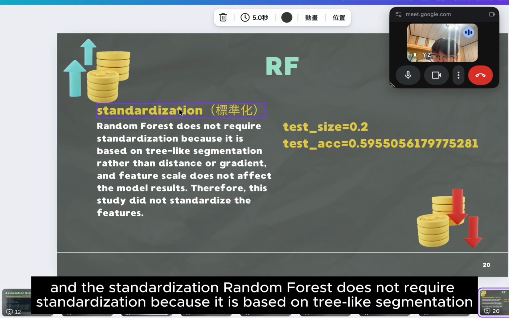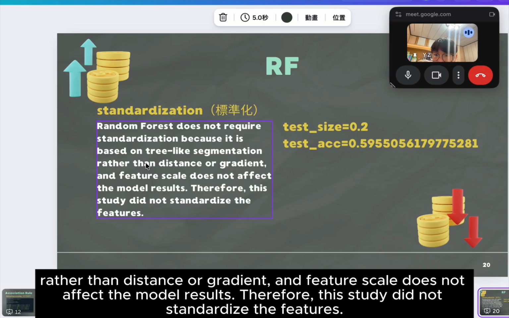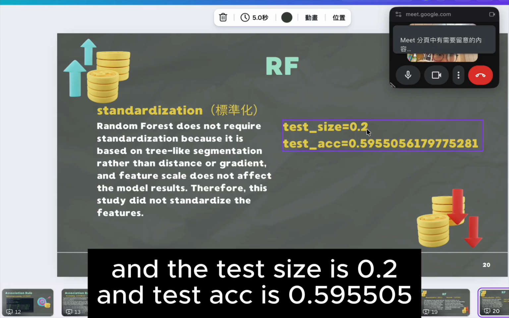And standardization: random forest did not use standardization because the tree-like single result is not affected by the scale, and the feature scale did not appear to matter. Therefore, this study did not scale features, and the test size is 0.2.